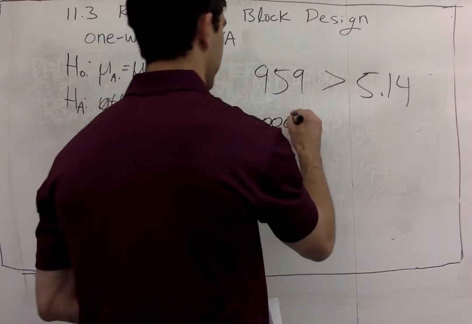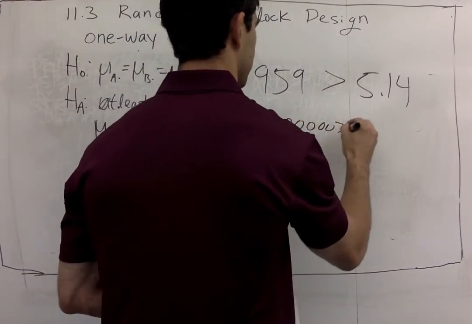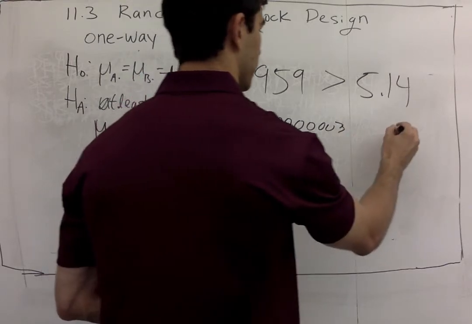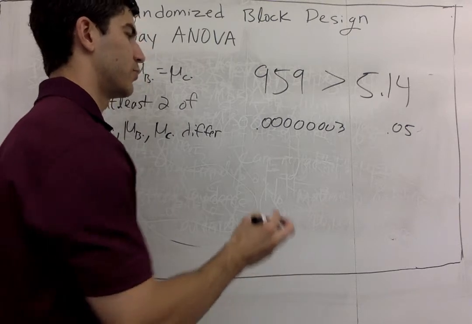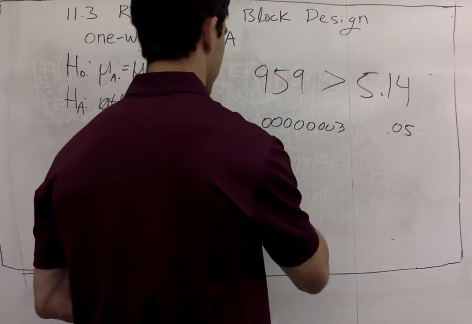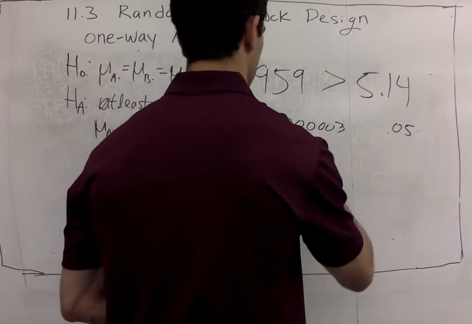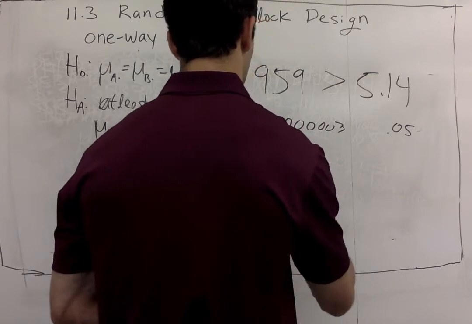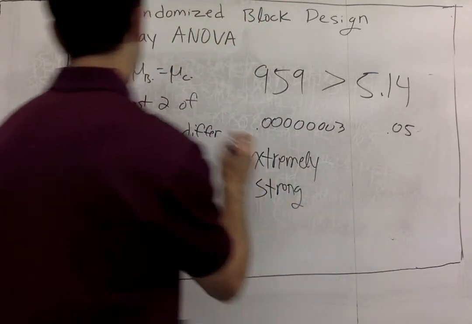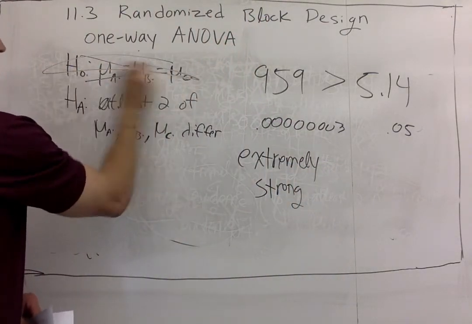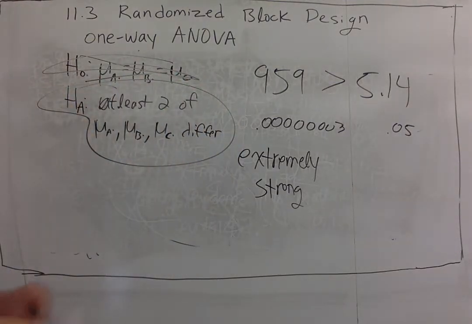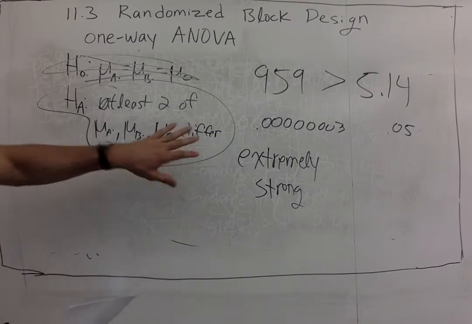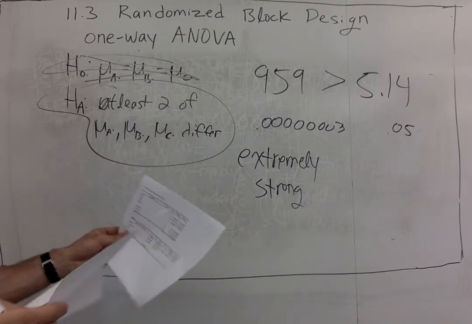It's definitely less than 0.05, and less than 0.001 as well, so we would have extremely strong evidence to reject the null hypothesis. I can conclude that at least 2 of the bottle designs differ. You would then go on to see which bottle design maximizes sales.